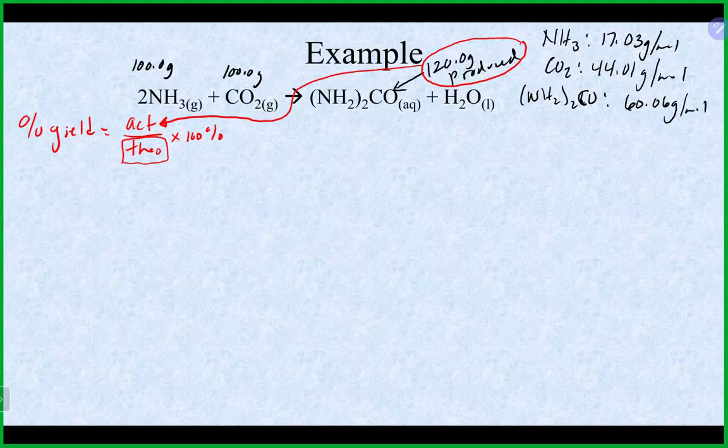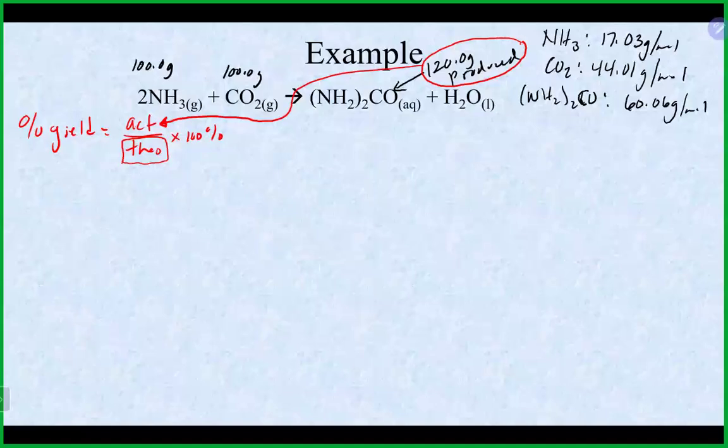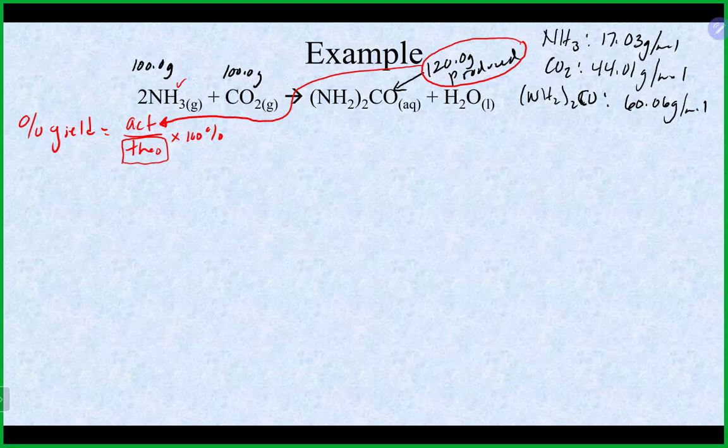Because we do need to calculate our theoretical yield, which really comes from a stoichiometry calculation, what we need to determine again is it a basic stoichiometry problem or is it a limiting reagent problem? In this particular case, we are given the grams of each reactant. That again tells us we could definitely get to moles of each of those. And because we could get to moles of each of the reactants, that is the key that this is a limiting reagent problem. And we do need to do that step along the way.